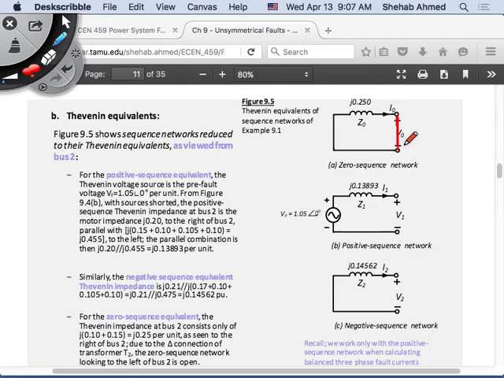If the system is balanced, or we have a balanced fault, then these sequence circuits represent the 3-phase system exactly as it is, right? And if I have a fault at a certain location, then I have a fault at the same location for the sequence circuit.